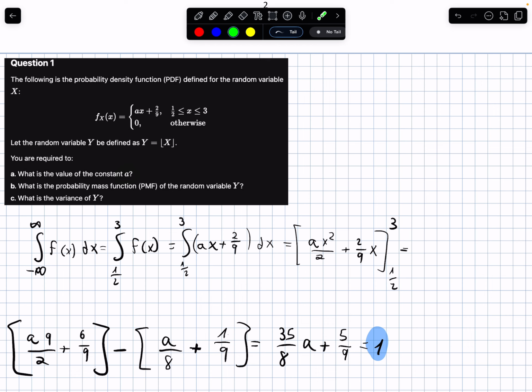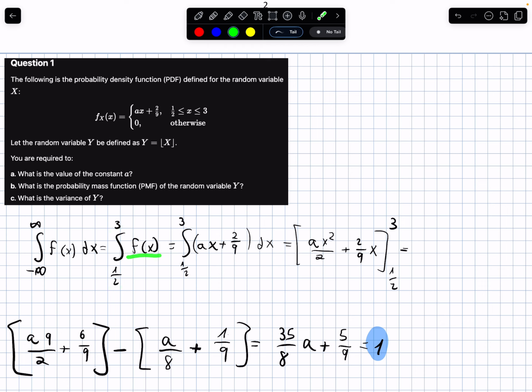We know the integral from minus infinity to infinity of f of x has to be equal to 1. So we're going to use this fact to solve the question. We separate the integral to be from half to 3 because it's 0 everywhere except from half to 3.